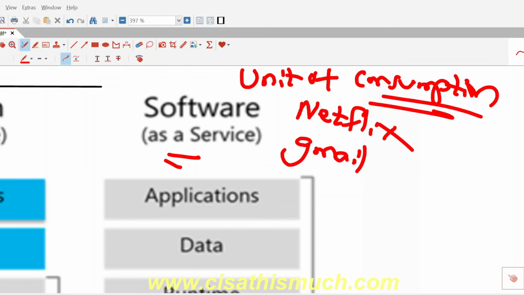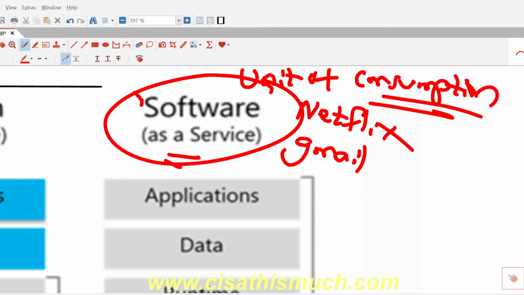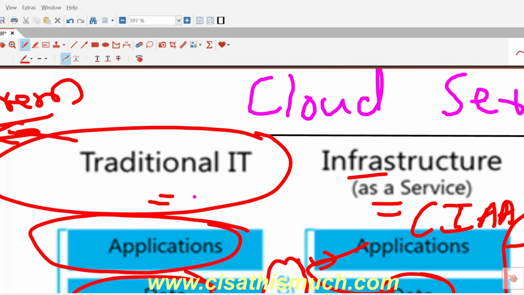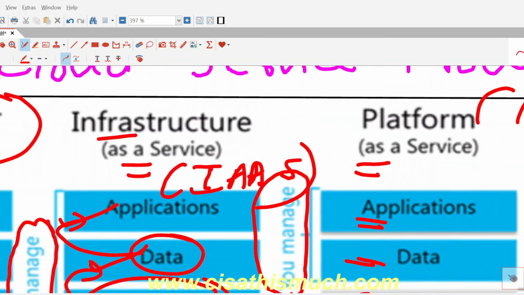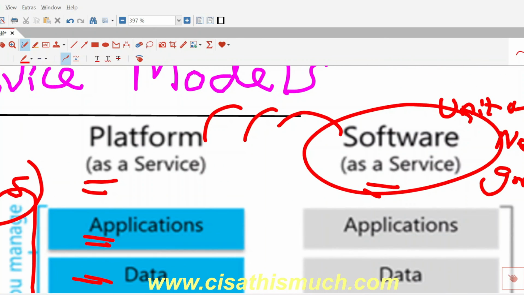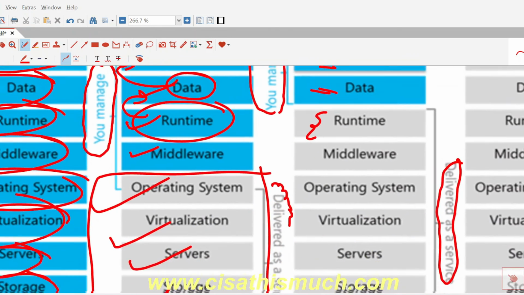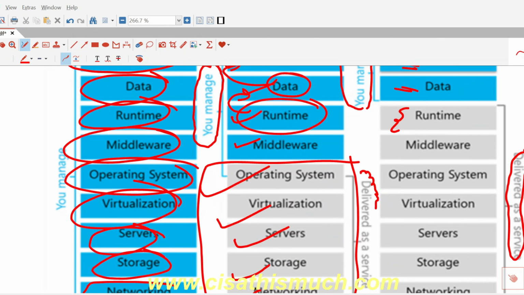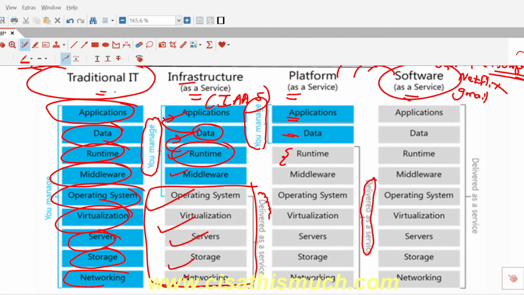But to understand software as a service, you need to understand the previous generations. Okay, so you need to understand what exactly do we mean by traditional IT, infrastructure as a service, platform as a service, software as a service. So you need to understand the other things. Okay, and you also need to understand that this entire box will remain as it is.